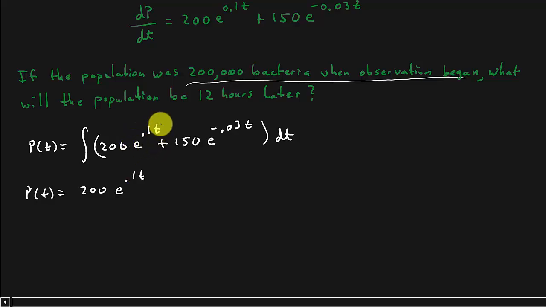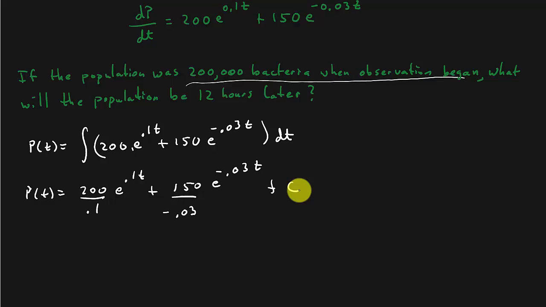So the integral of e raised to the constant times t is just the same thing, and then what? Times the reciprocal of your constant, so that's over 0.1, plus 150 e to the negative 0.03t, and then that's going to be over negative 0.03, and then plus, don't forget, plus your constant C.